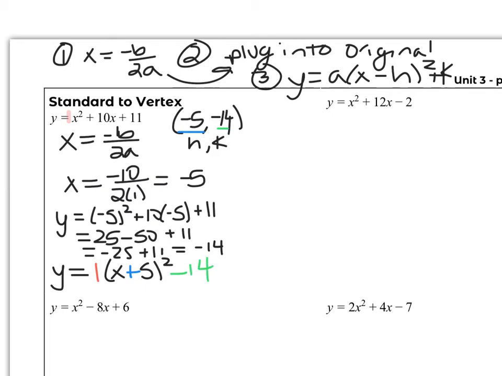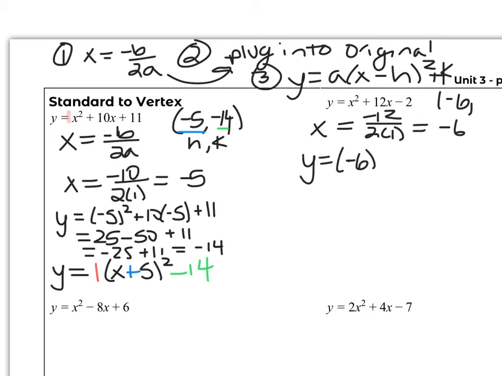So let's look at the next one. X equals opposite b, so negative 12, over 2 times 1. So my x value of my vertex is negative 6. To find the y value, we substitute in and evaluate. And these we need to be doing without a calculator.